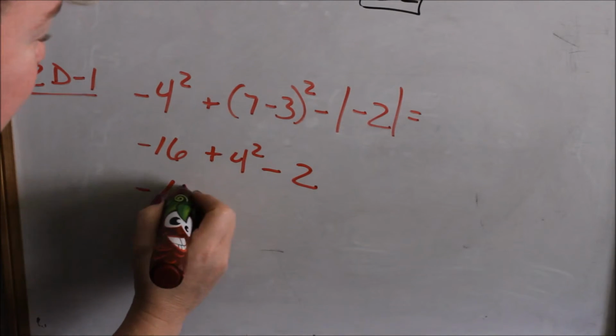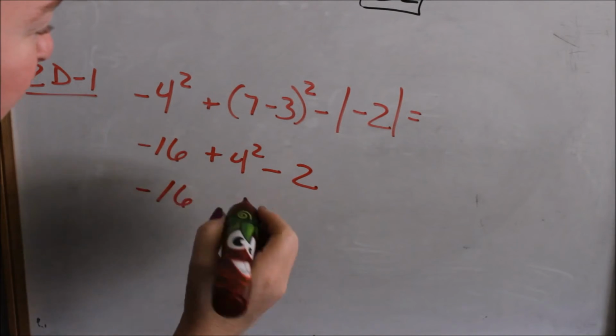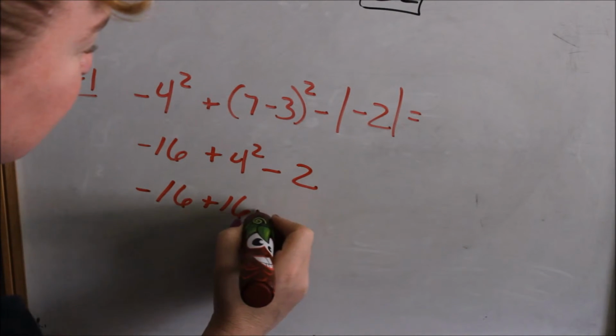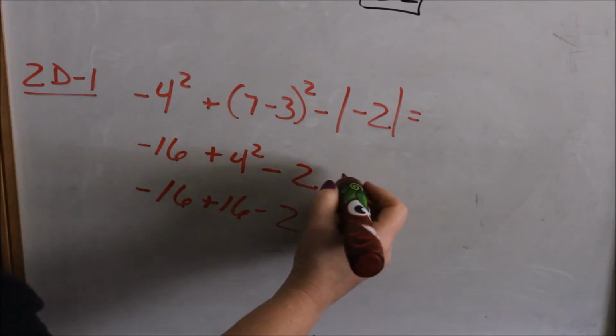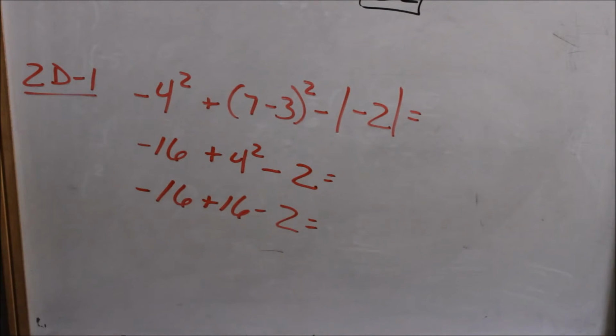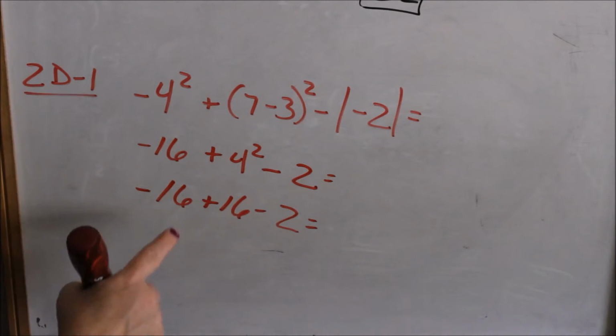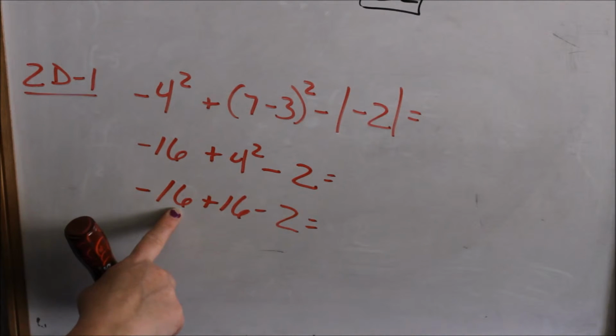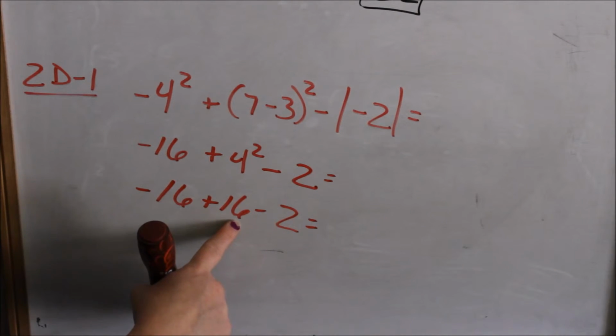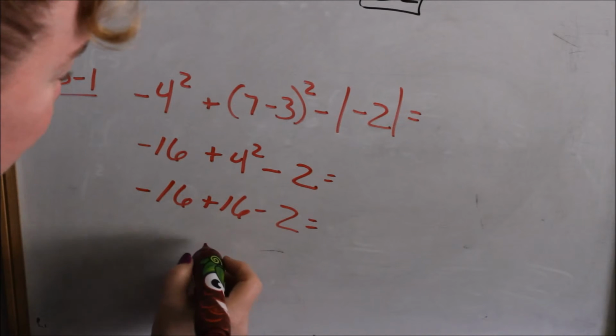So leave my negative 16. Now, a 4 squared is a positive 16 minus 2. PEMDAS says when there's addition and subtraction left, you do those left to right. A negative 16, I'm in debt 16. And now I add 16, that's 0.